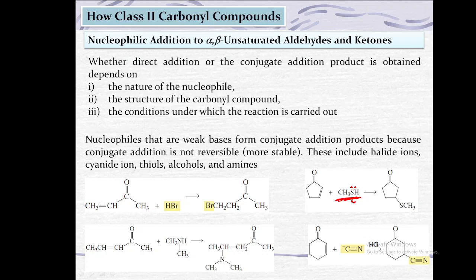So here is the alpha, beta position, and you can see that the product is a conjugate addition product. Cyanide, same thing. The position of attack will be that one there. So the product can clearly be determined as shown there. So that one is the nature of the nucleophile.